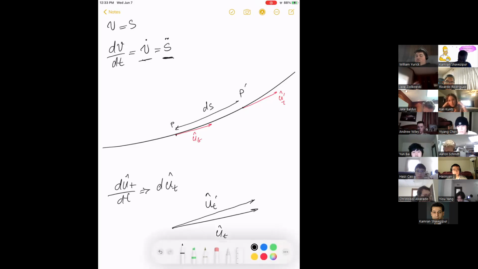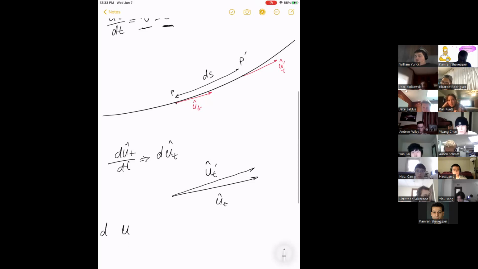The difference between them, which is technically dut, let me just put it here. dut is going to be u prime t minus ut, right? If this is u prime t and this is ut, the difference between them is going to be this guy. Correct? Is this right? Yes. The difference between the two unit vectors is a tiny red vector.